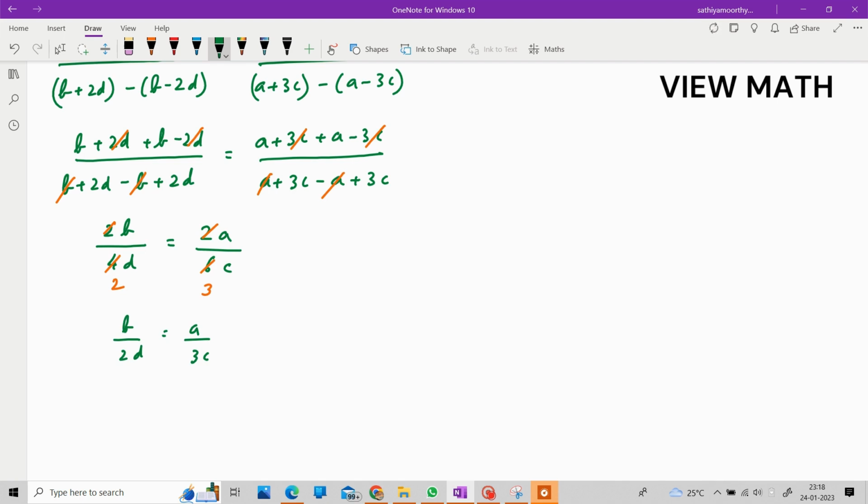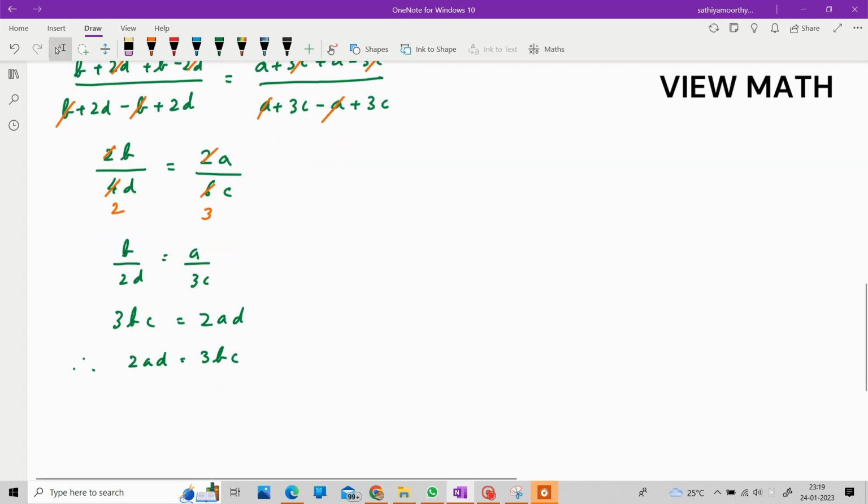I'll be getting 3bc is equal to 2ad. So this is the thing they're asking us to prove. Now we have proved it. 2ad is equal to 3bc. Hence proved. So we have proved 2ad is equal to 3bc.